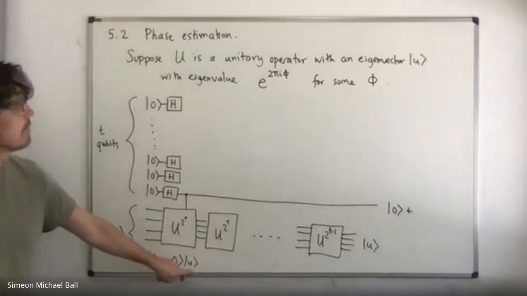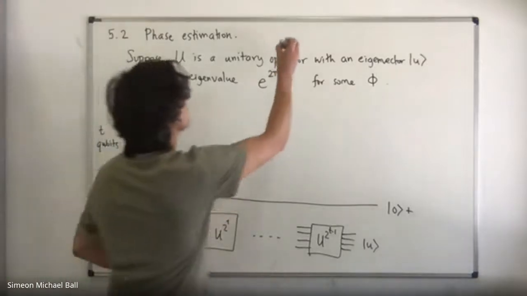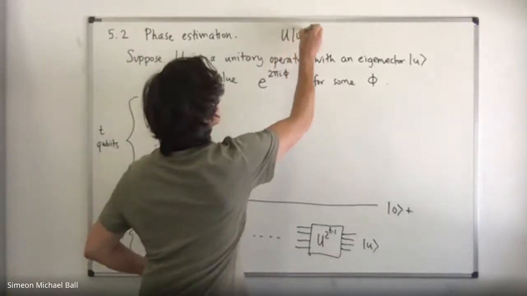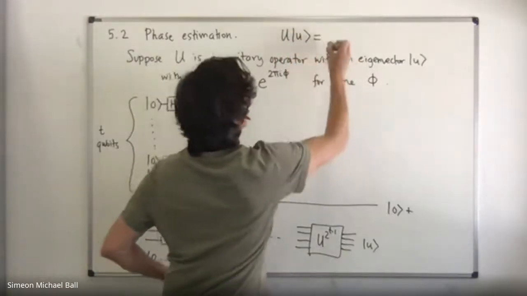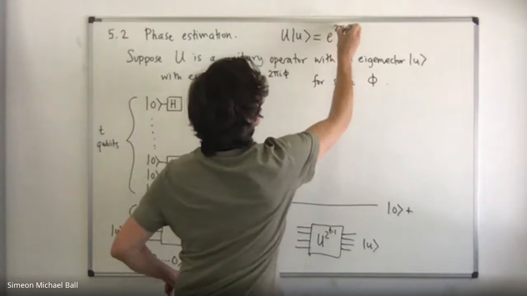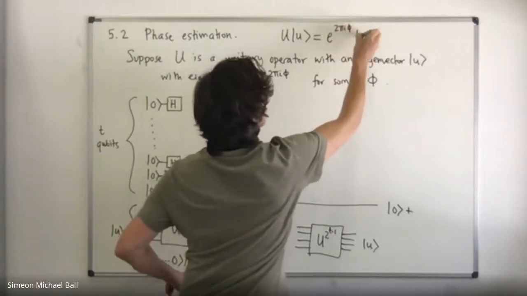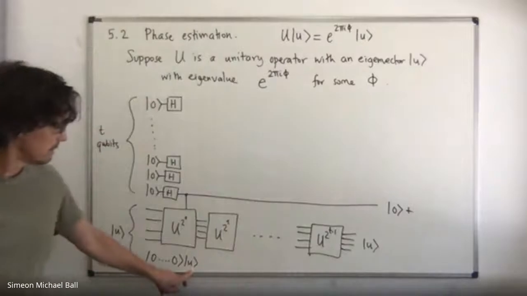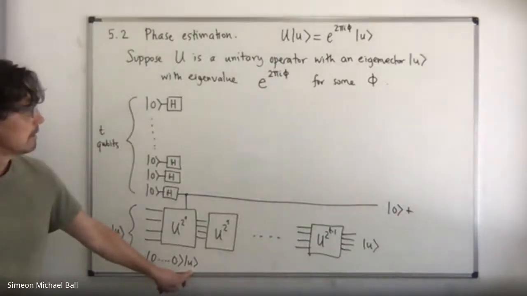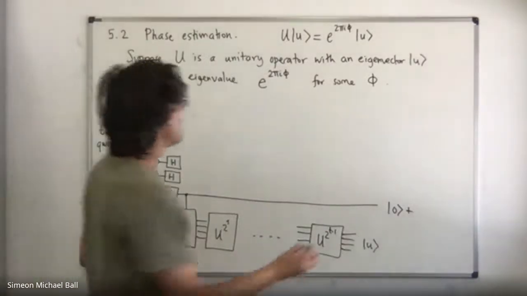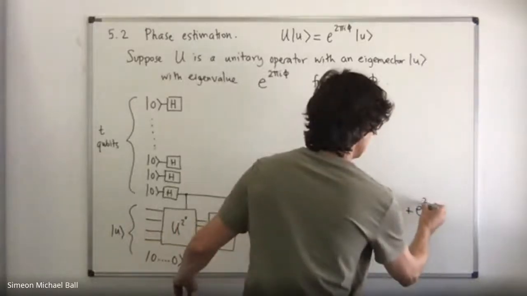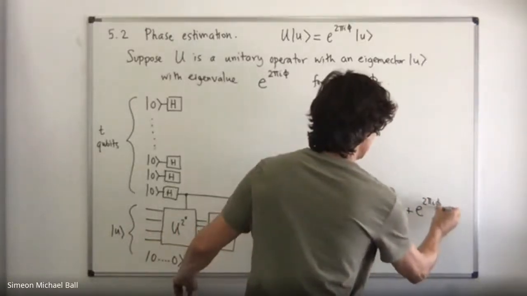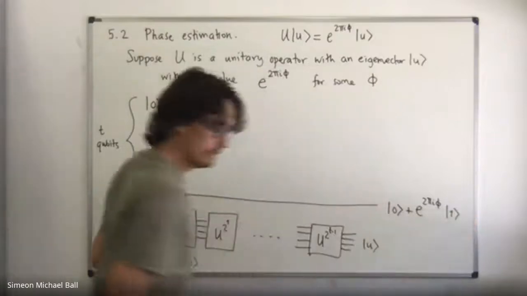Unitary u times eigenvector u. Well, it's an eigenvector with eigenvalue. It's just going to be that. So here I get e to the 2 pi i phi.